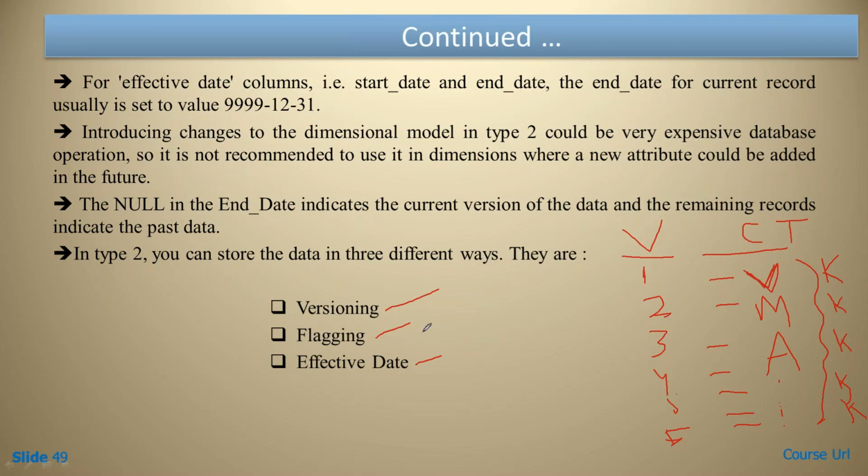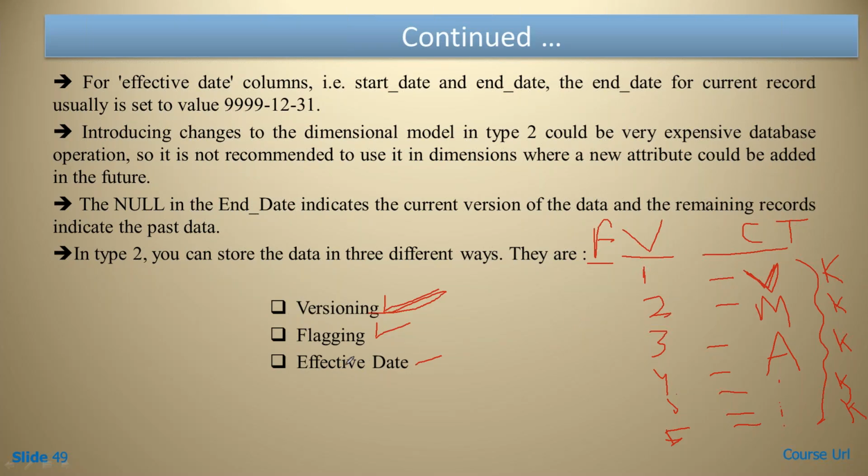So one versioning column will be added in this SCD type 2, which is not added in SCD type 1. Another one is flagging. A flag value will also be added as one new, extra column. In projects they give different naming conventions and different column names. Some give status, some give flag value, some give active, passive, different things.